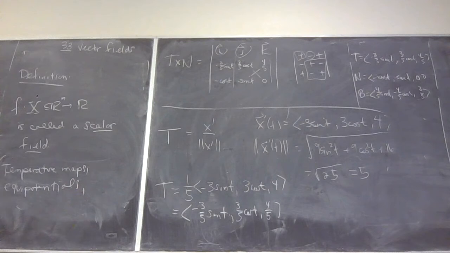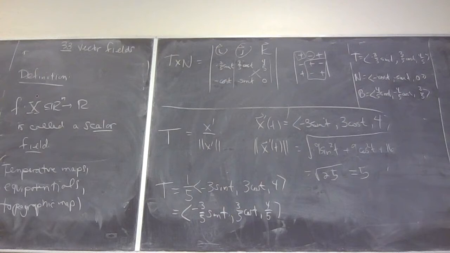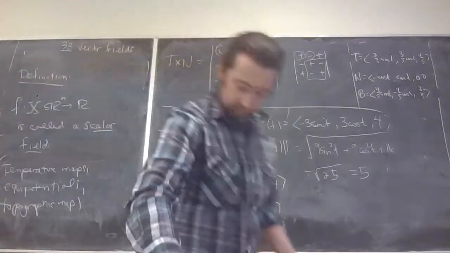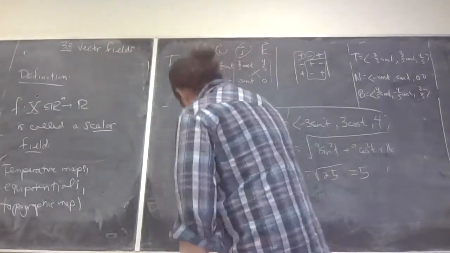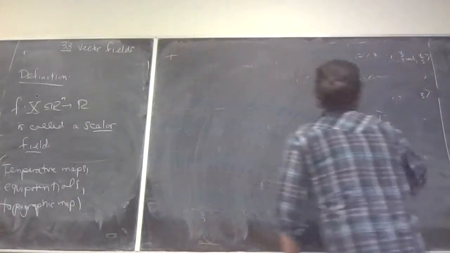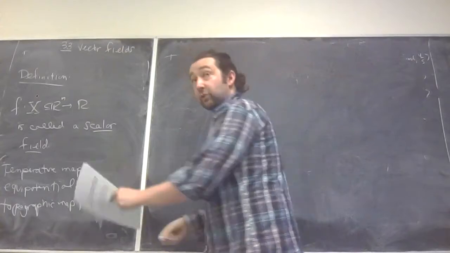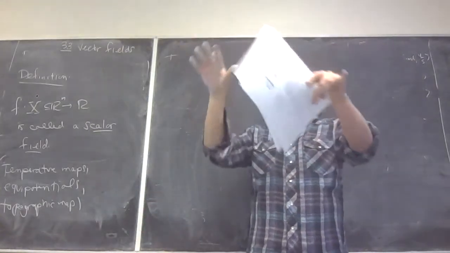You might think about a topographic map, where to each point you're assigning an altitude, however you like to think about it, right? You've got some field, there's some set of points, and to each point you're putting a number on. So every time you look at a weather map, you're looking at a scalar field, as distinct from a surface, which is the way we thought about this before, floating in space.